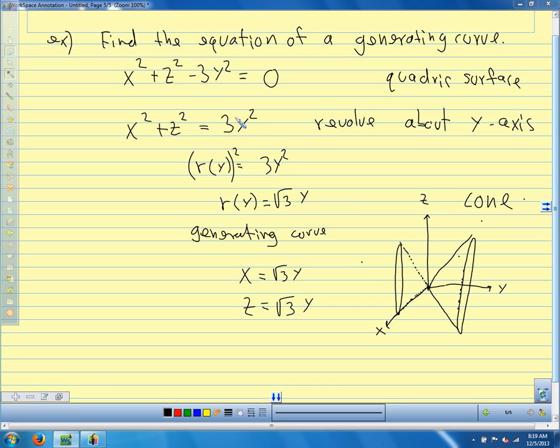So I get a line in the YZ plane. In the XY plane, I let z equal 0, and my equation there is x equals plus or minus square root of 3y. So I get lines in those two planes. Those are going to be the sides of my surface, the traces of my surface in those planes. And so the traces are lines, so my surface is a cone.